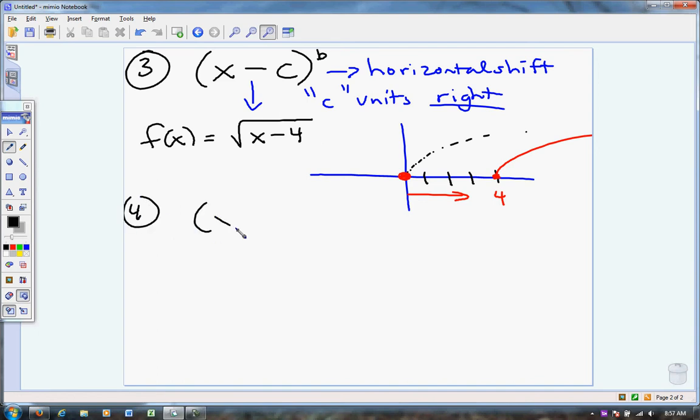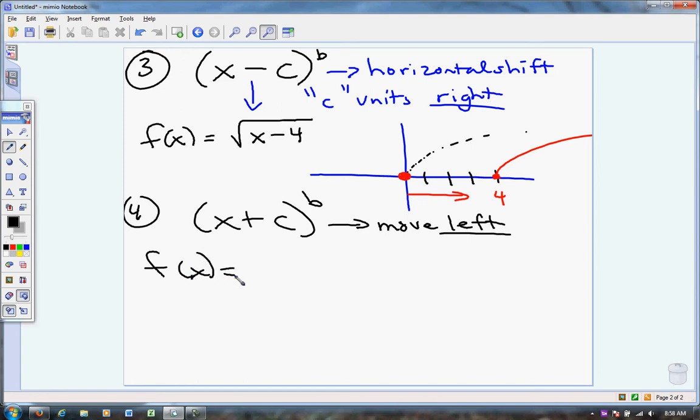So if I had x plus c to the b, remember what I told you, this one's kind of opposite. It's going to move left. Real quick, I'm trying to give you some examples as we go along so that you can have a visual image. What if I had x plus 2, the quantity cubed? Like I said, these apply to all the functions we've worked with so far.